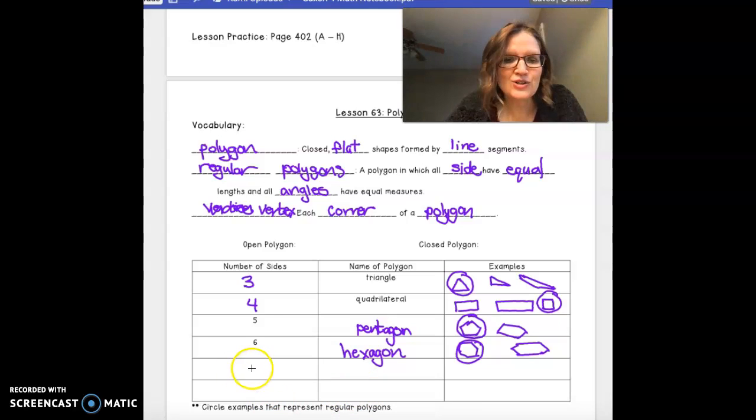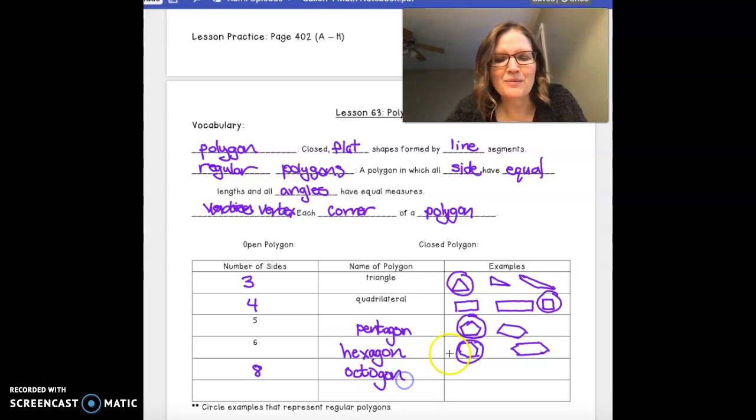When you get to eight sides, it's really handy because when we hear the word oct, I think of octopus, an octagon. I'm not going to draw it because I know I'll miss a side, but our stop signs are octagons.